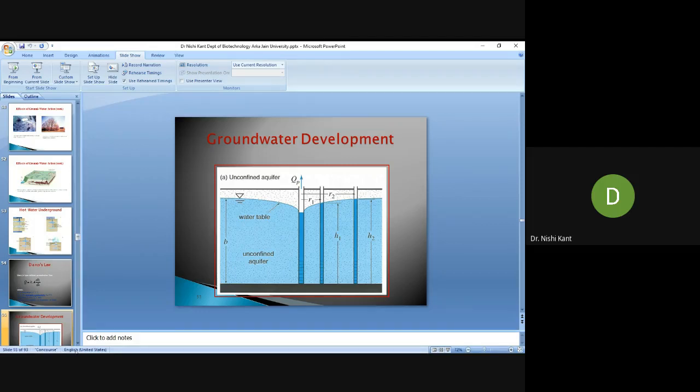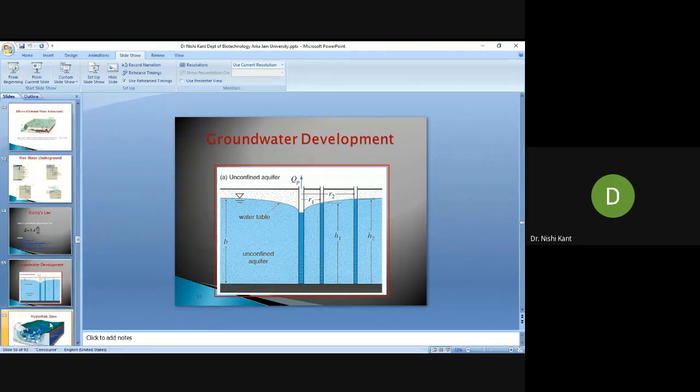Recharge zones should be protected. Ensure adequate water flow. Ensure quality. Extraction may affect surface water. Many watershed management actions are taken to protect the quality.